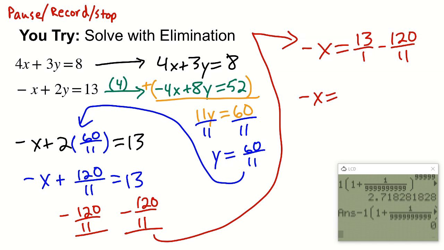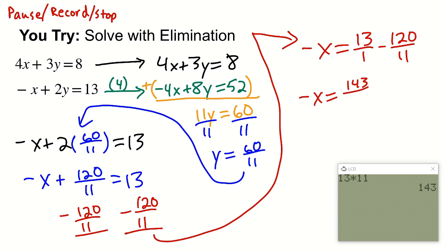All right, so I'm going to take that 13 and I'm going to multiply by 11, and that will give me a fraction of 143 over 11. So this fraction is equal to 13. I've just changed the way that it looks. I dressed it up in some different clothes, so now we can do this subtraction on the right-hand side.